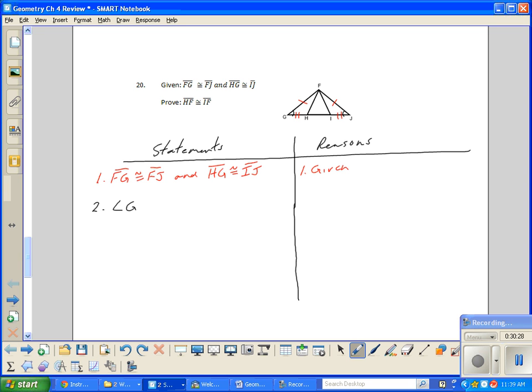So angle G is congruent to angle J by the converse to the base angles theorem.